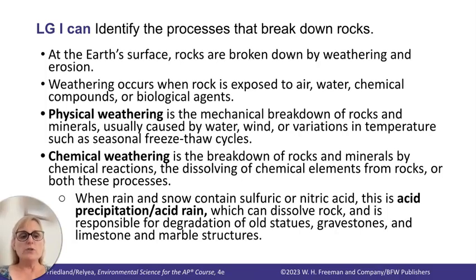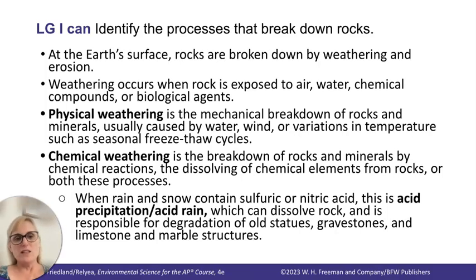All right, so now that we've learned a little bit about the rock cycle, let's talk about rocks being weathered. So the first part of soil formation is the weathering of rock. We have three types. Physical weathering is mechanical breakdown that's caused usually by water or wind or freezing.